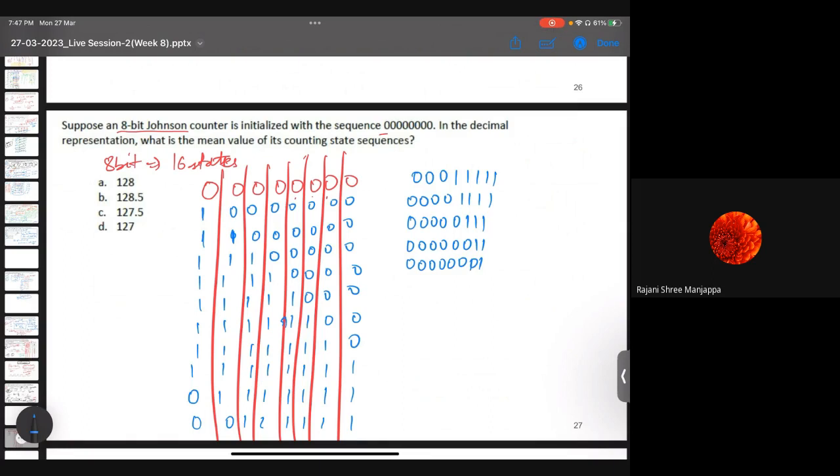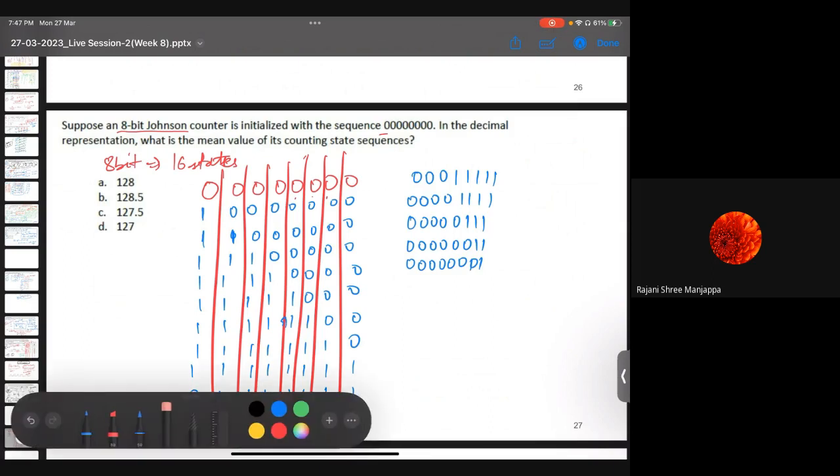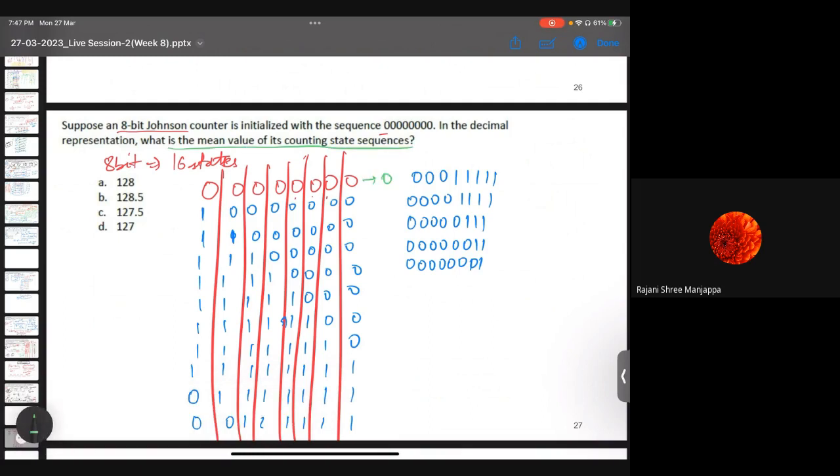Now I'll convert them to the decimal equivalent, since it is asking the mean value of the counting states. So this is 0, this is 2 to the power 7, which is 128, this is 128 plus 64, it is 192.